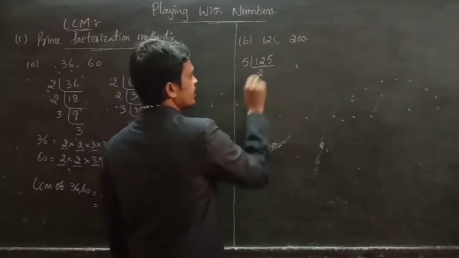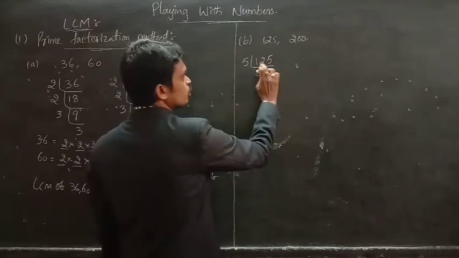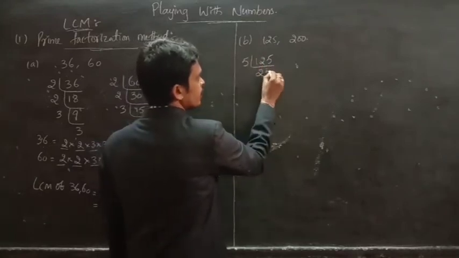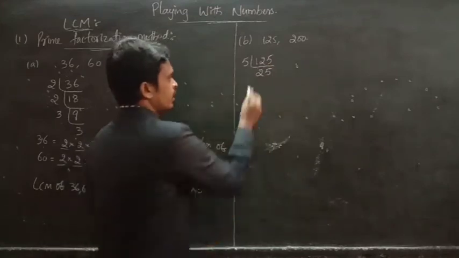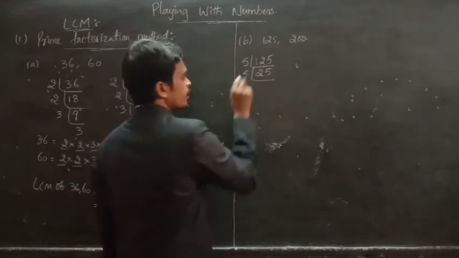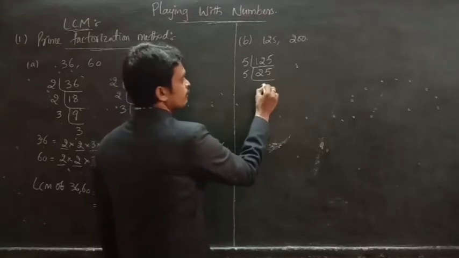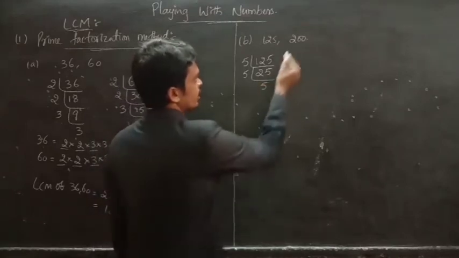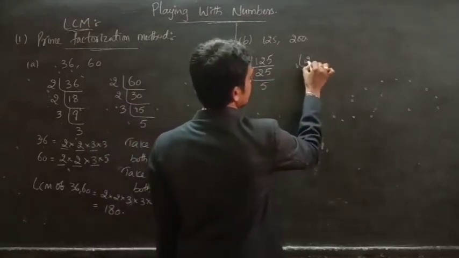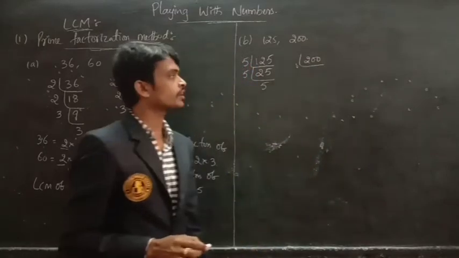5 twos are 10, remaining 2, so it will be 25. 5 fives are 25, and again we can divide with 5. 5 fives are 25. Next, 200.